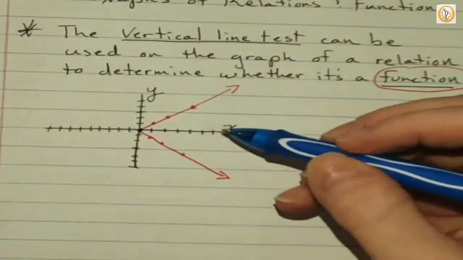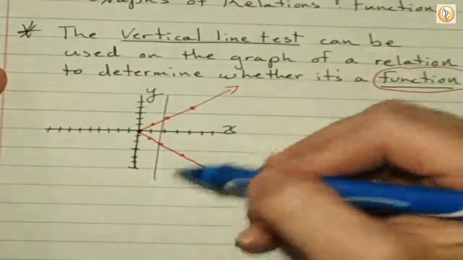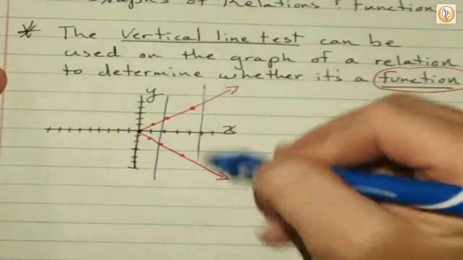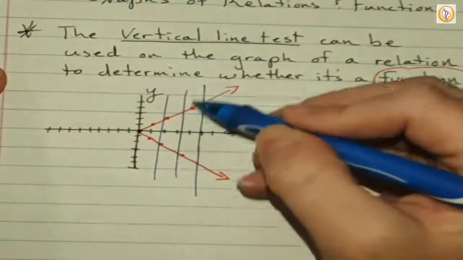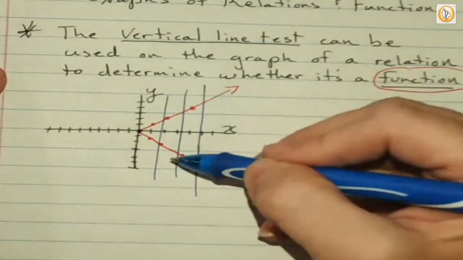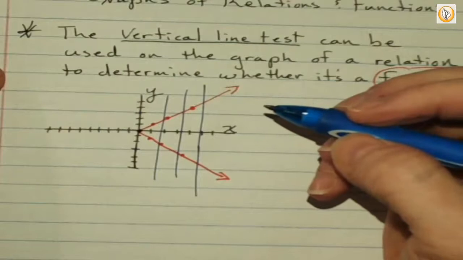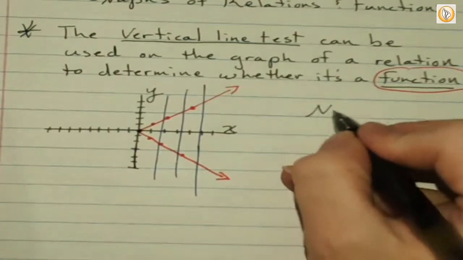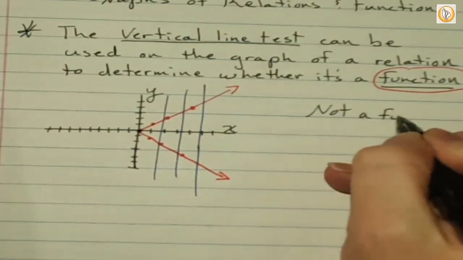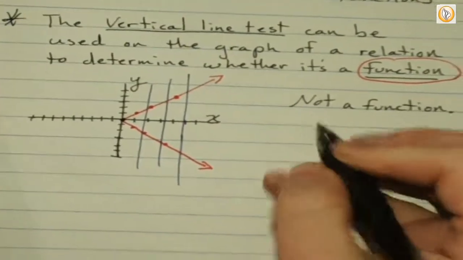If you can draw a vertical line anywhere on your graph, let's say here, or here, or here, is that line I just drew crossing my graph in more than one place? Therefore, it is not a function. And I'm going to explain that to you.